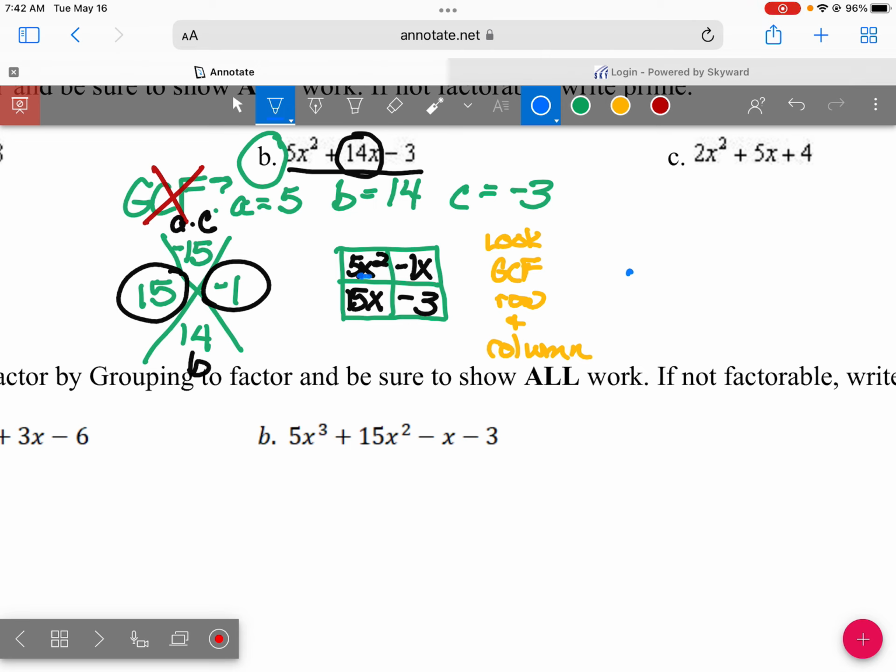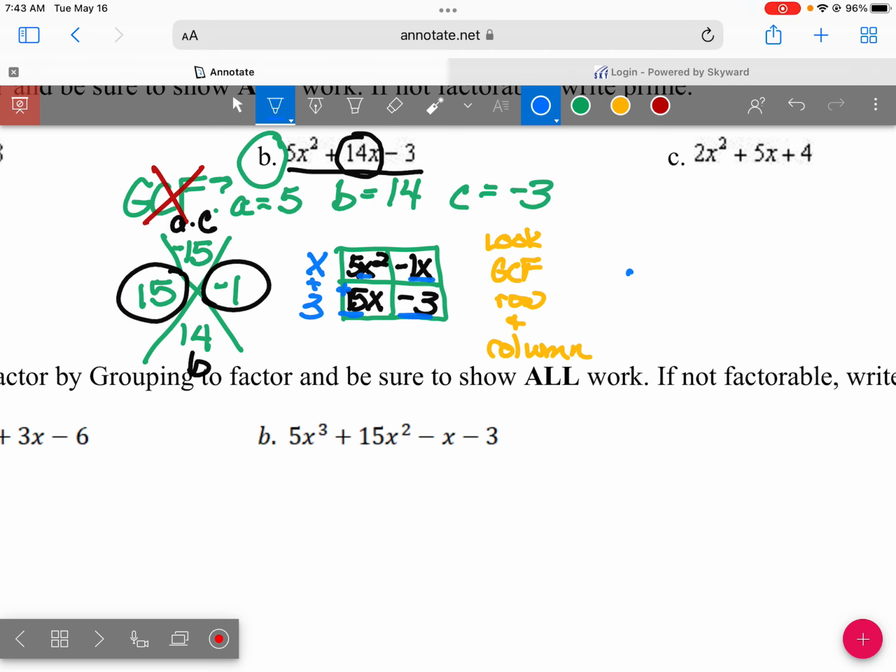So between x squared and x is going to be an x. Then I look at 15x minus 3. I look at my numbers 15 and negative 3. What's the greatest common factor there? Positive 3. Why is it positive? Because this first term out on the edge where I put these greatest common factors is positive. So that's x plus 3.